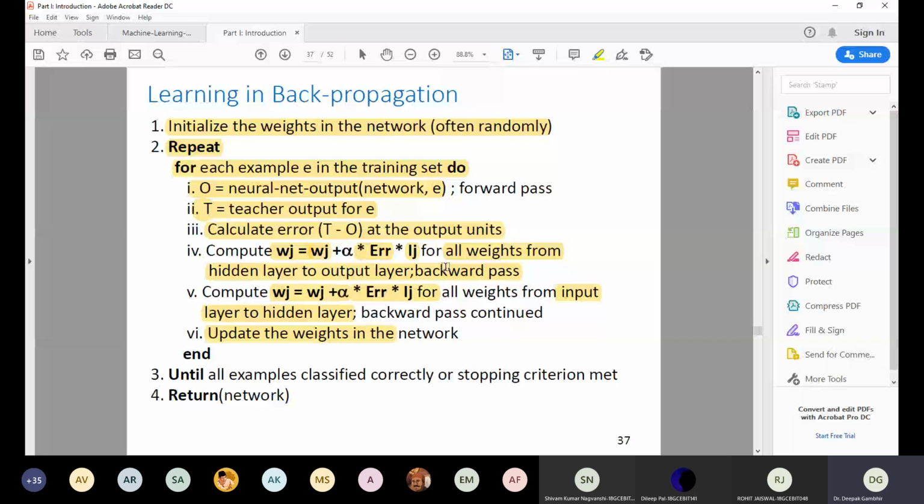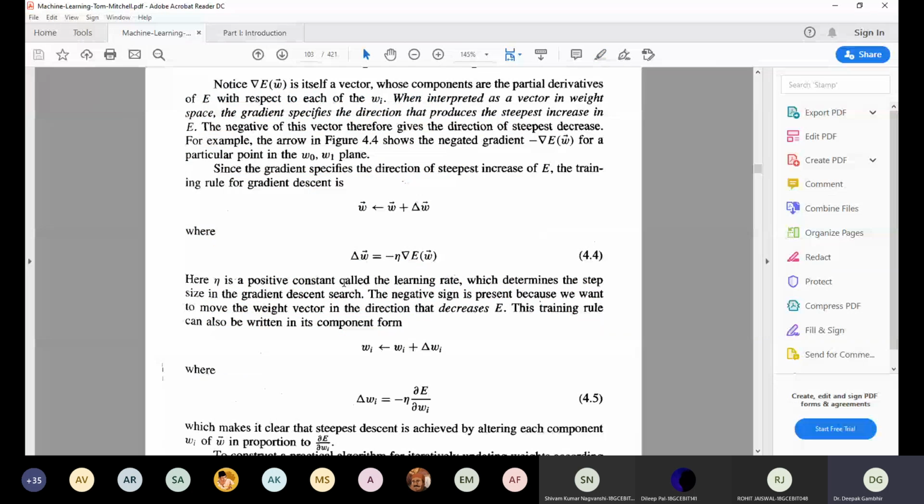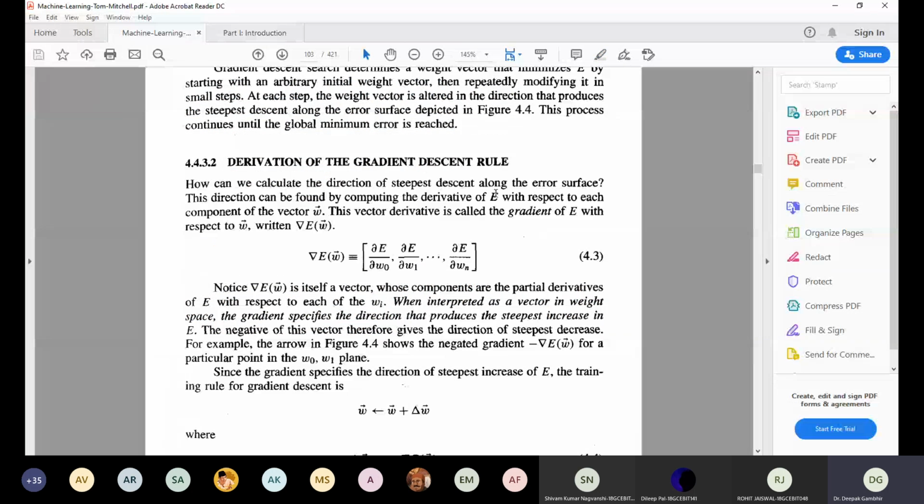This is the gradient descent rule, in which we need to compute the error.